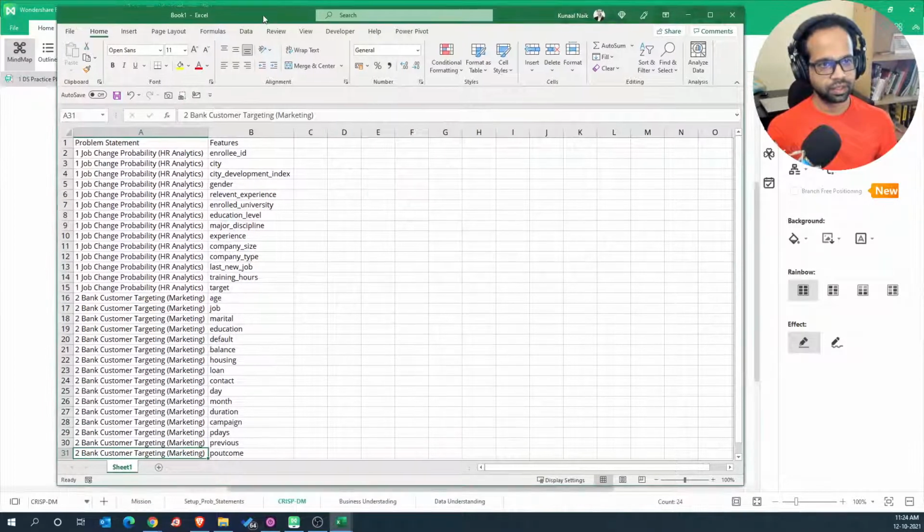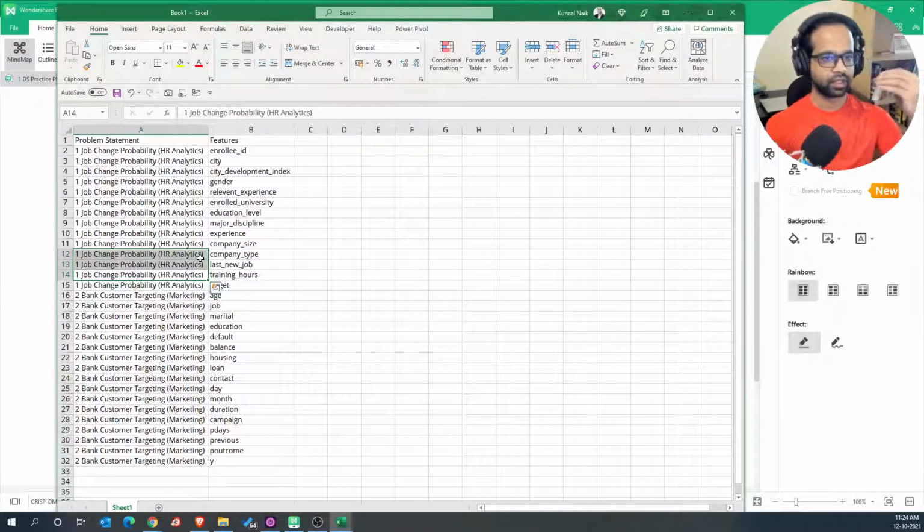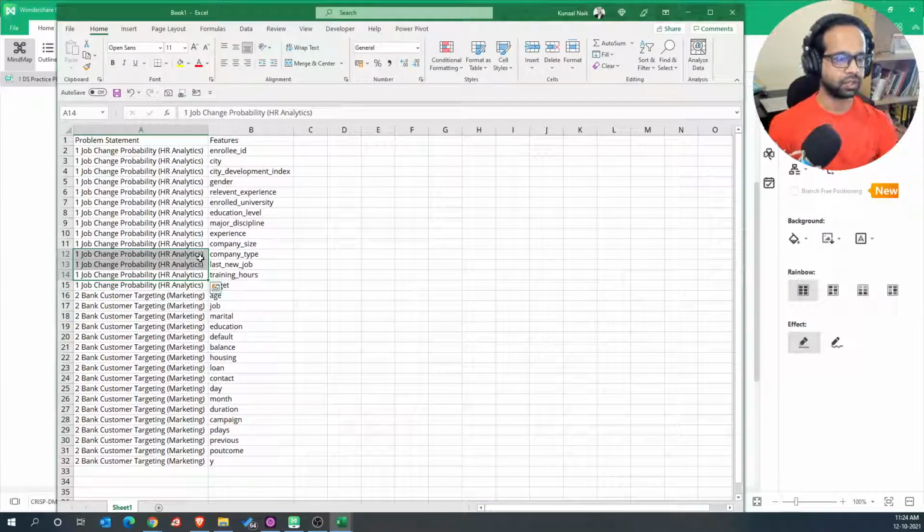The objective of building this is that for the number of problem statements you're solving, you document it in this way, and document what you did with each variable to get to the best outcomes. Then you are creating your own repository of things that you do, and you will not forget anything.